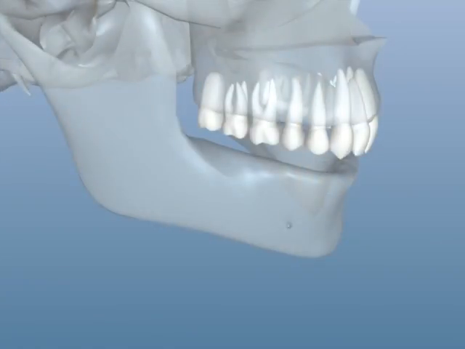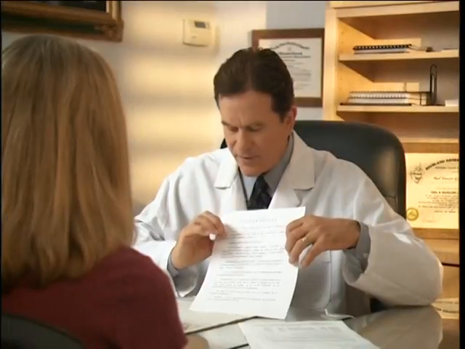Despite thorough planning, surgery may reveal that the patient's jawbone is inadequate, and it may not be possible to complete the planned implant placement. Because each individual heals in a different way, there can be no guarantee of the functional or cosmetic outcome of the planned surgery. Informing patients of the risks associated with dental implant surgery allows them to make decisions about their treatment and have realistic expectations about the results.